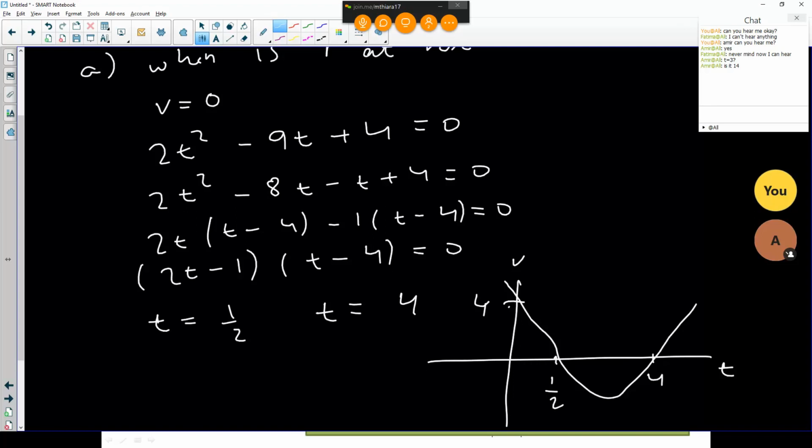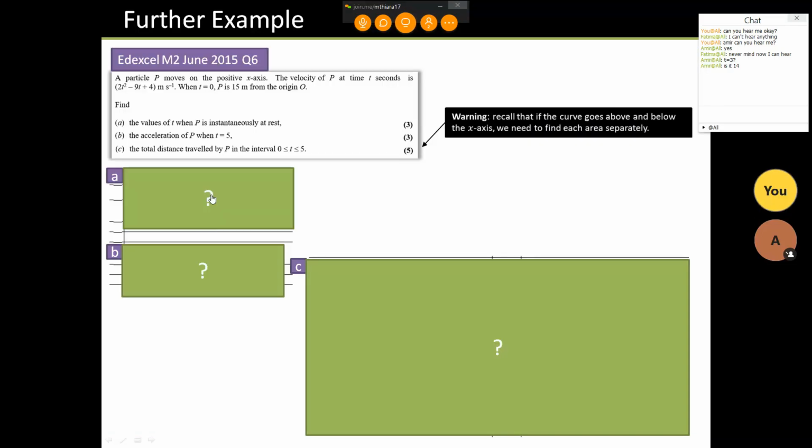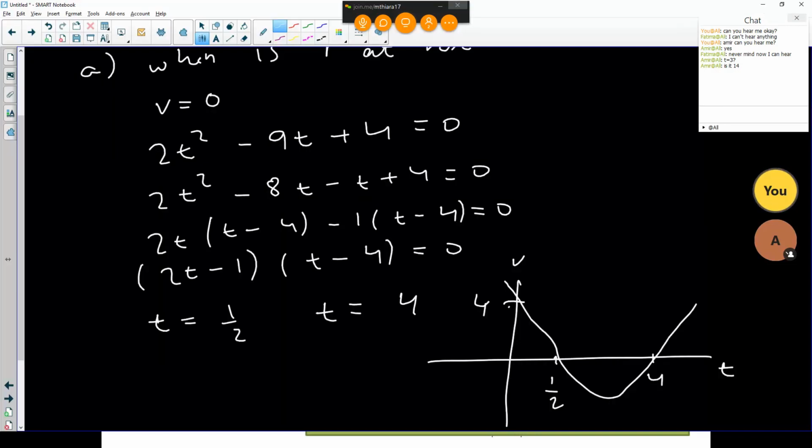Right, now part B, let's go over. Right, so that's good. Now part B, the acceleration of P when t equals 5.